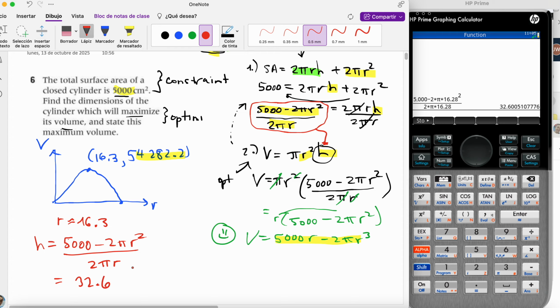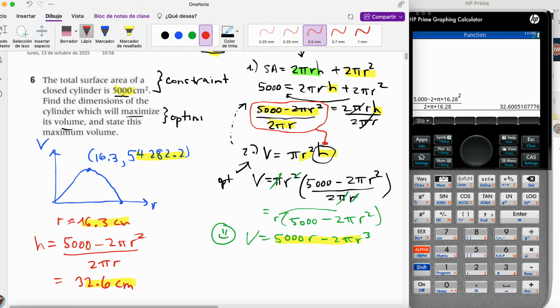So that's the height. If you were to check, if you sub it into the surface area with these dimensions, you should still get 5,000. Remember, we were constrained by that. And then if you substitute this into here, your volume should be this, the biggest possible one.